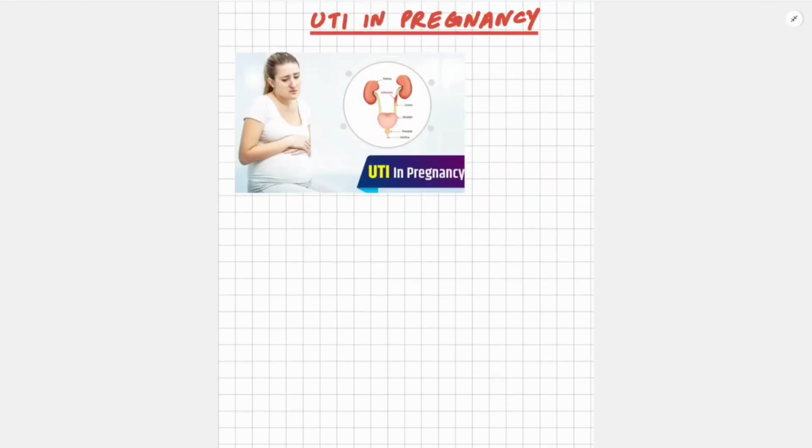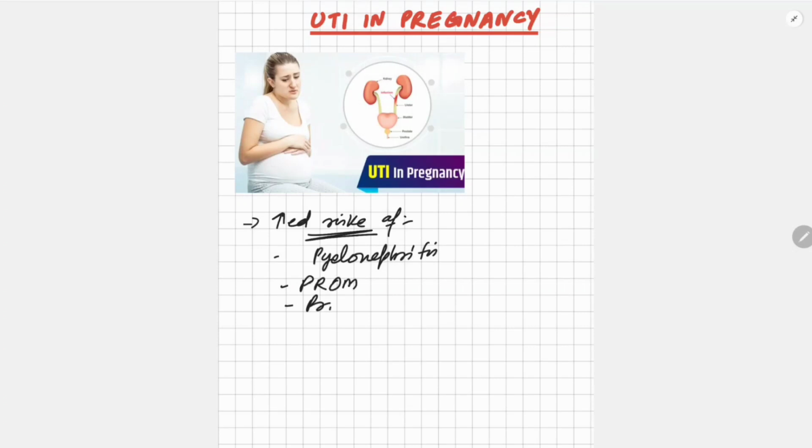Now, coming to the last segment of the topic, which is UTI in pregnancy, which needs to be treated as a separate entity. The UTI in pregnancy is associated with increased risk of pyelonephritis, premature rupture of membranes, and preterm labor.